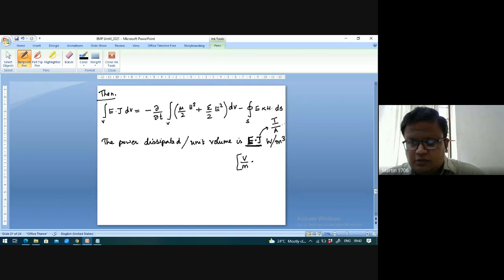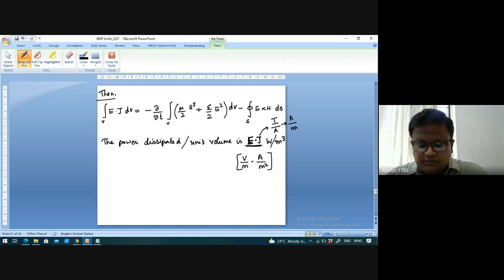The unit for current is ampere, and for area, meter square. So J is ampere per meter square. If you put this together, you get volt into ampere, which is a watt, divided by meter cube. So what we got is watt per meter cube.